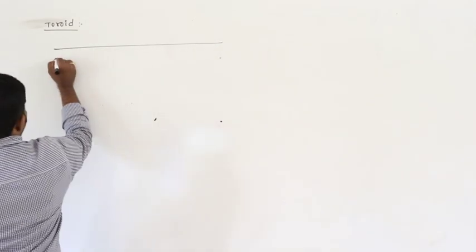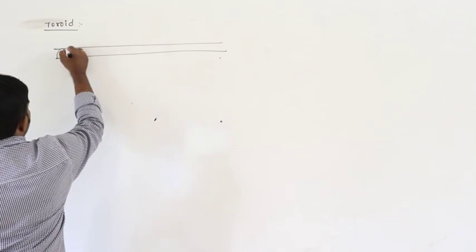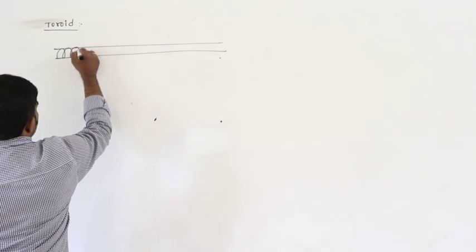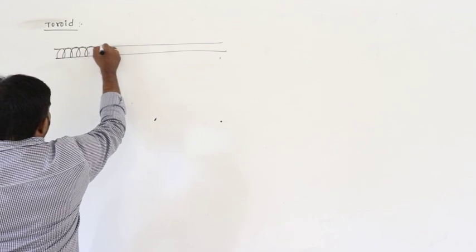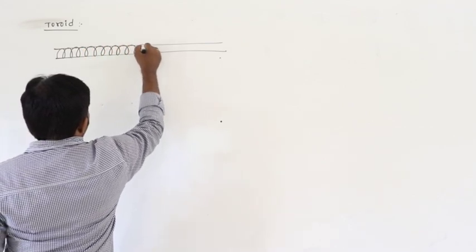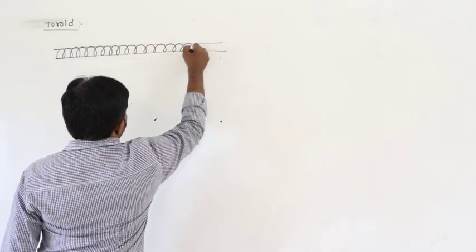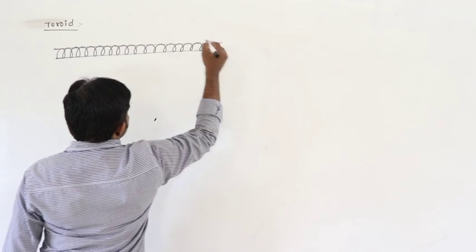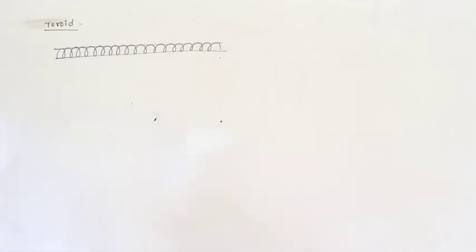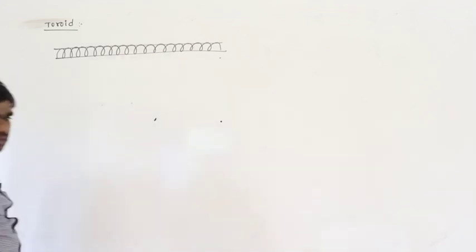This is a solenoid of finite length with the number of turns like this, and the wire is wound over a non-conducting material like this. This arrangement acts as a solenoid.